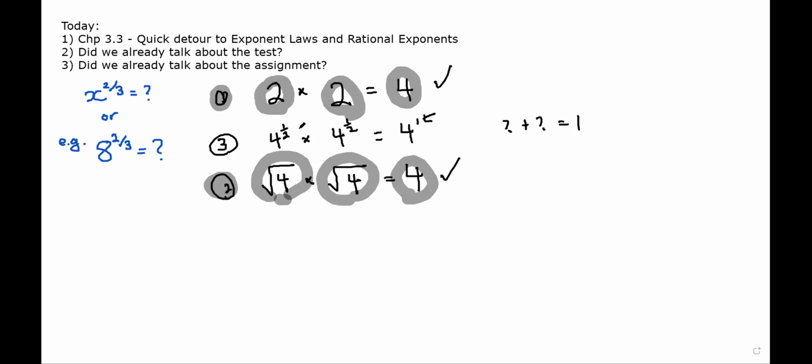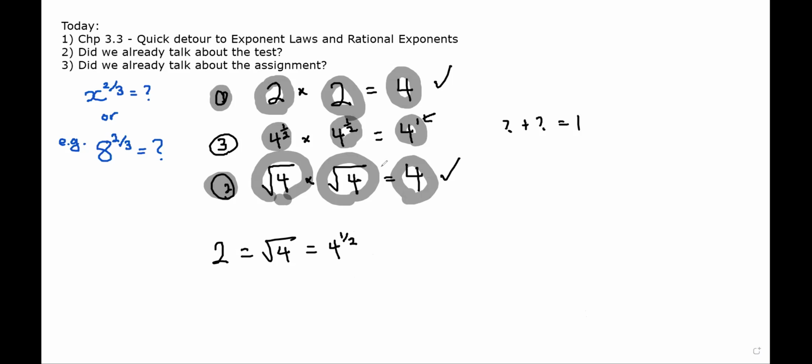Well, following the exponent laws, we also need to consider that this is equal to 4. This is also equal to root 4. So 2 is equal to root 4, and root 4 is equal to 1 over 2. And this is rational exponents.